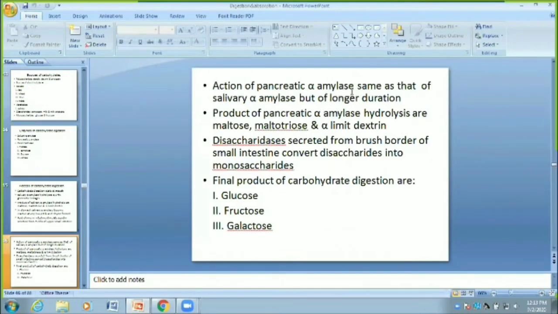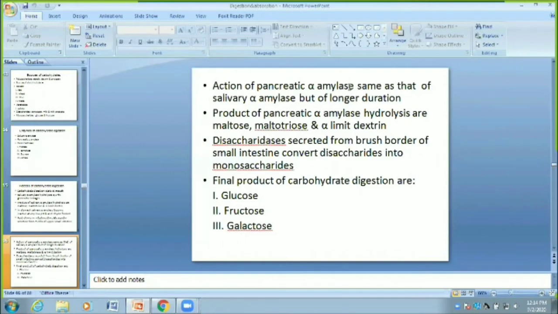Here, this pancreatic juice containing the alpha amylase starts acting again on the half digested carbohydrates. Ultimately there is formation of more maltose and very few alpha limit dextrin remains.